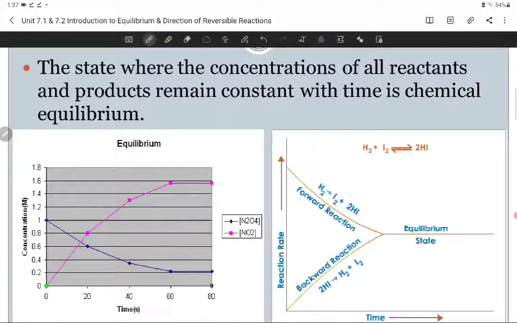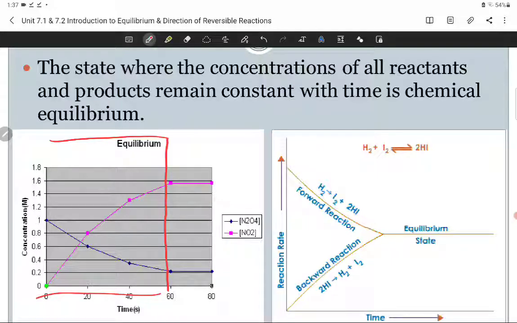So in earlier sections, we were very interested in this region of the graph where the kinetics of the forward, well, we didn't study the reverse reaction because not all reactions are reversible, but as reactants get used up, the reaction typically goes slower and slower and slower over a period of time.